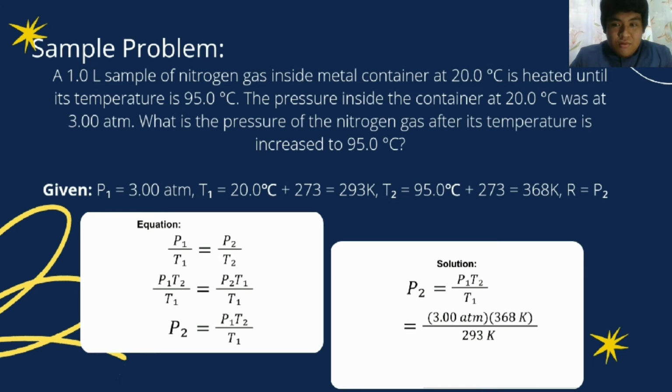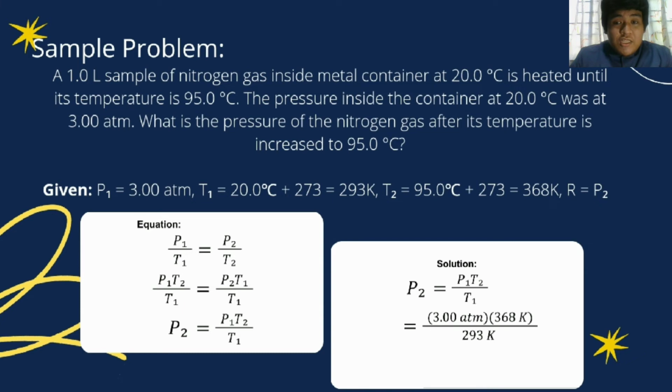So our solution. We need to input the given values in our equation. So the initial pressure is equal to 3 atm times the final temperature, which is 368 Kelvin, over our initial temperature, which is 293 Kelvin.